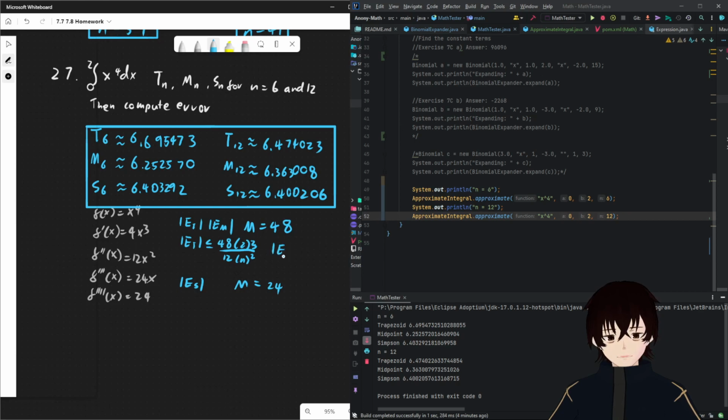Error of midpoint rule is about the same, except it's 24 now. And error of Simpson's rule is a bit more complicated. 24 times 2 to the power 5 over, what goes here again? 120 times n to the power 4. Is it 120? I need to check.